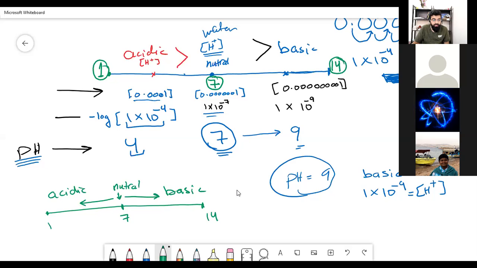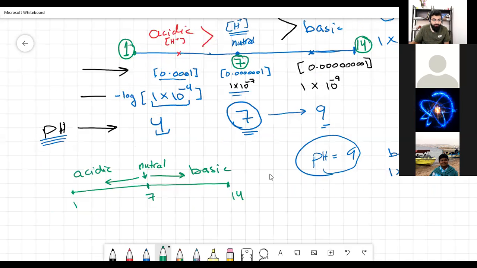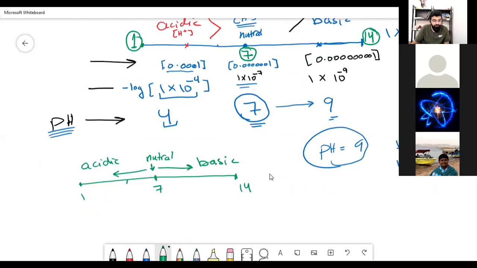Can you tell me which one is the more acidic solution, number 5 or number 3? Write in chat quickly. Which one is more acidic?